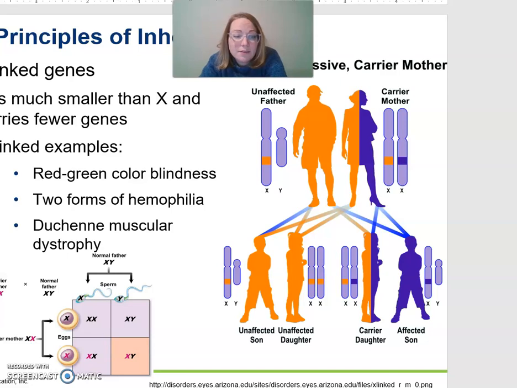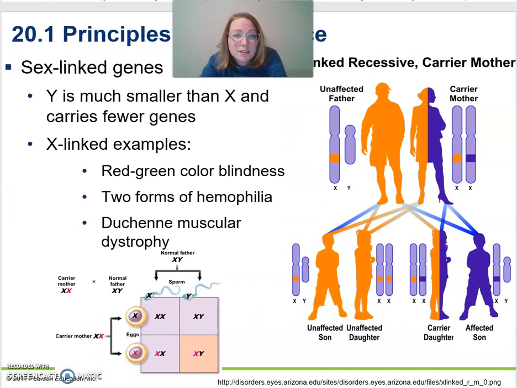And then if traits are on the X or Y gene, they're called sex-linked. And the X chromosome is much bigger than the Y chromosome, so it's far more likely to be X-linked. Right? And we've talked about, I think, all of these before.